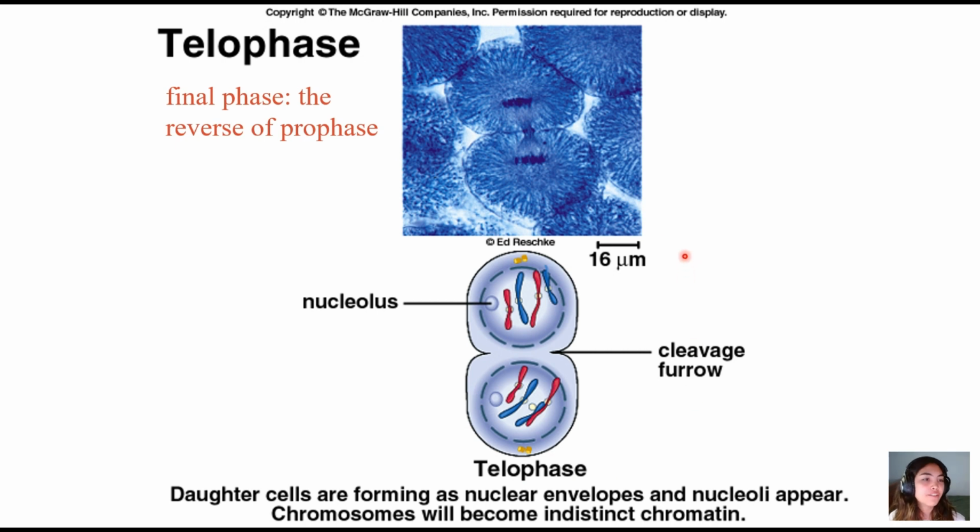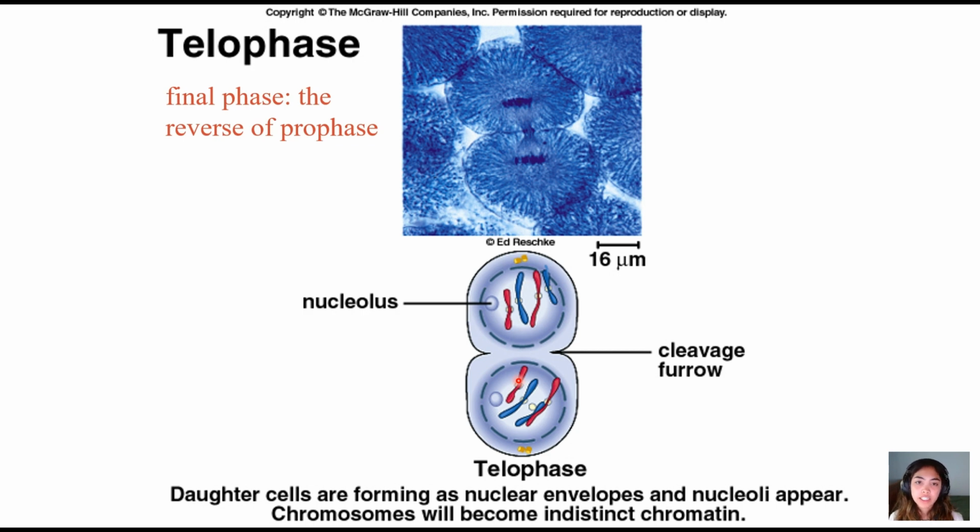So our very final stage here, it's kind of just another way of thinking, it's the reverse of prophase. So rather than our nuclear envelope and nucleoli disappearing, they're now beginning to reappear. The nuclear envelope is forming around our two separate bits of DNA, and our nucleolus, or nucleoli, plural, are appearing.